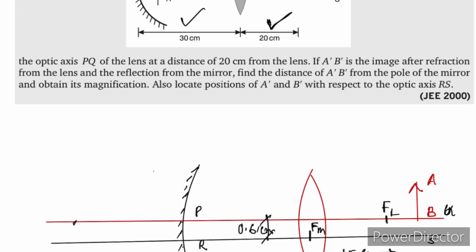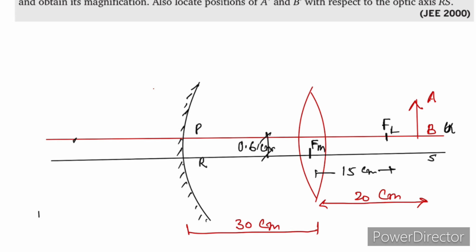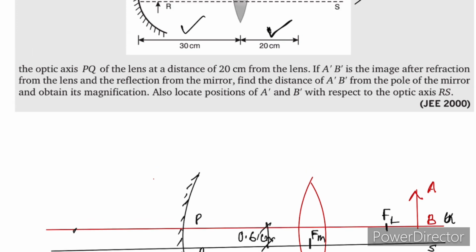This is the same figure I have made for you to avoid any waste of time. In this figure, you must be seeing all the parameters. AB object is there, then 15 centimeter, the focal length of the lens, is given.